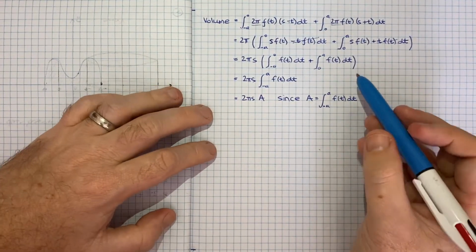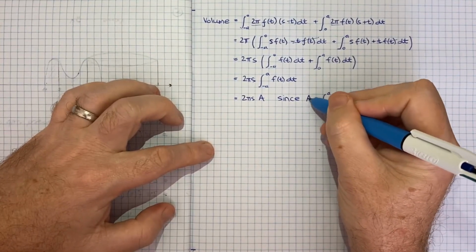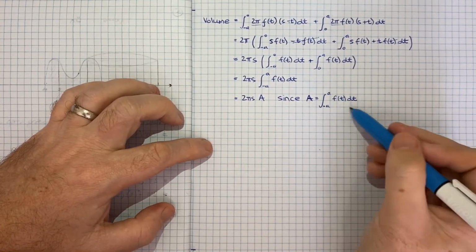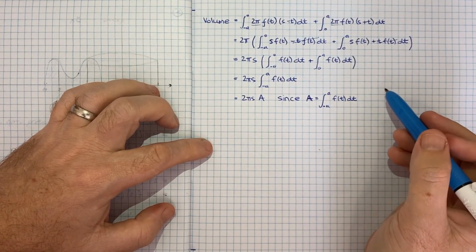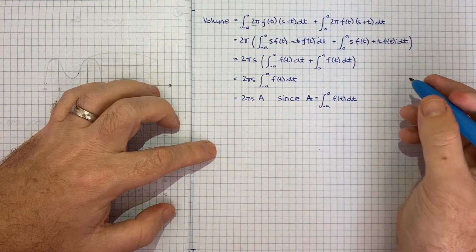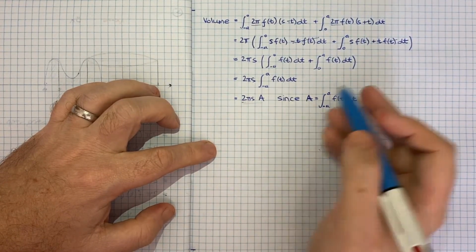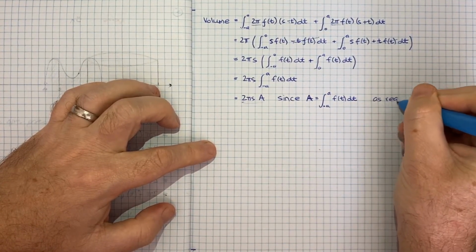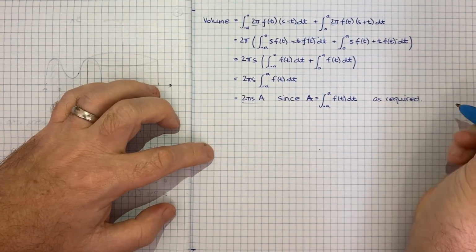That's what the area under the curve is defined as in terms of calculus, the integral. So that's how we can show that result. That's what part B was asking us to show.